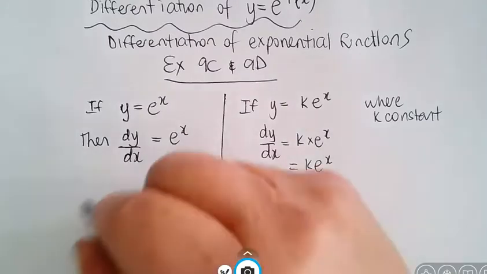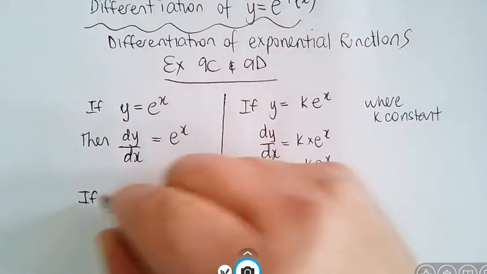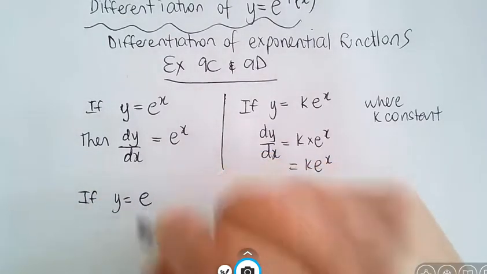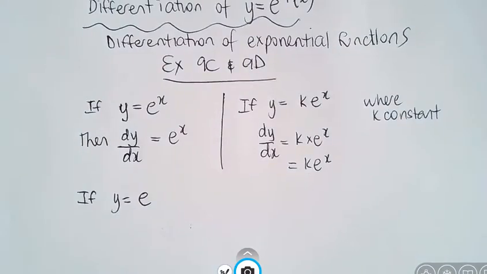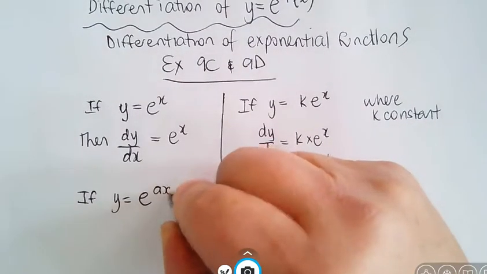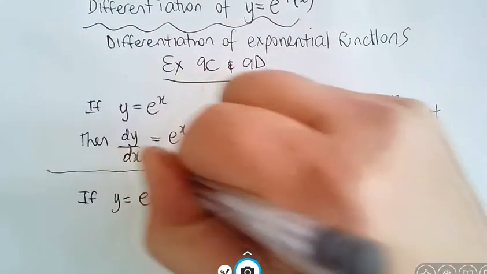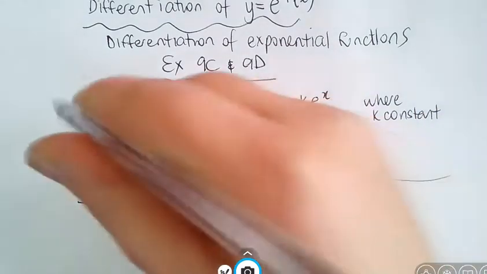Now there is a new rule. If you want to differentiate something of the form e to the ax plus b, this is what we're doing new today. We already know those top two rules.